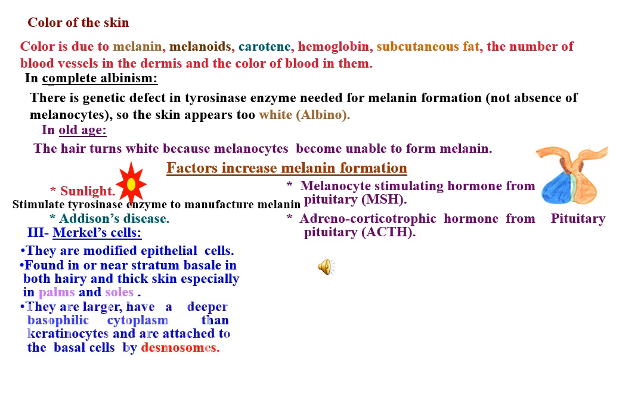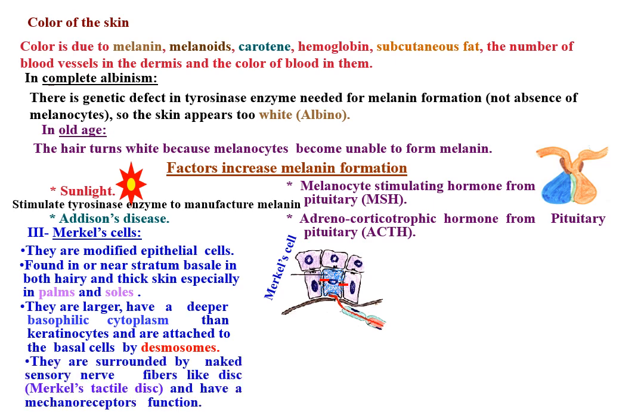They are larger, have a deeper basophilic cytoplasm than keratinocytes, and are attached to the basal cells by desmosomes. These cells are surrounded by naked sensory nerve fibers like a disc, Merkel's tactile disc, and have a mechanoreceptor function.